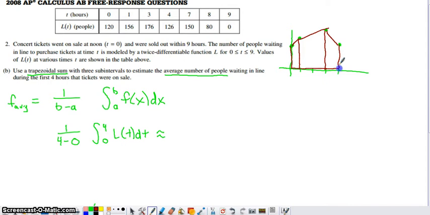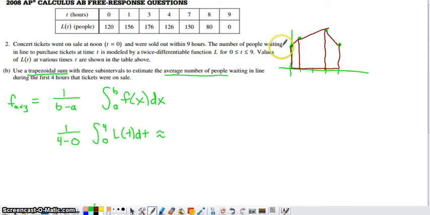We're going to add those areas together, and we're going to have an estimate for this. The only other thing we're going to have to do with that number once we develop it is multiply it by 1/4 to turn it into a calculation for the average value of this function. So let's see, this first trapezoid right here.